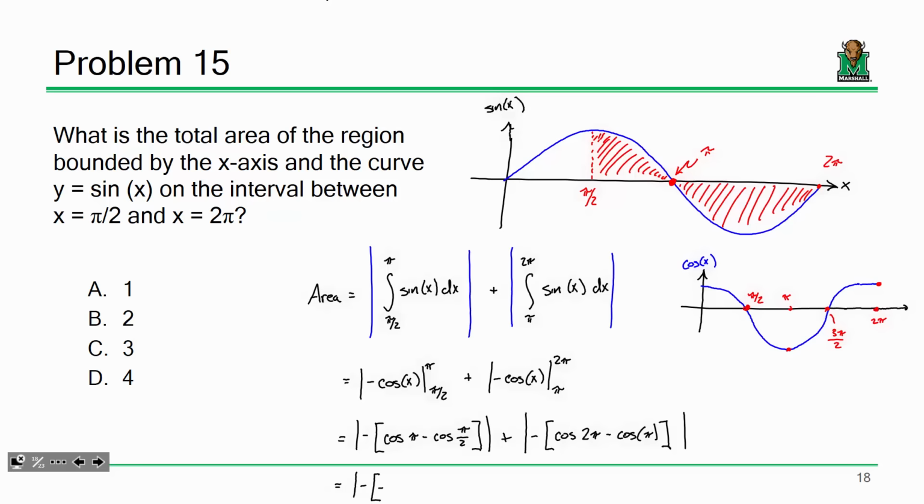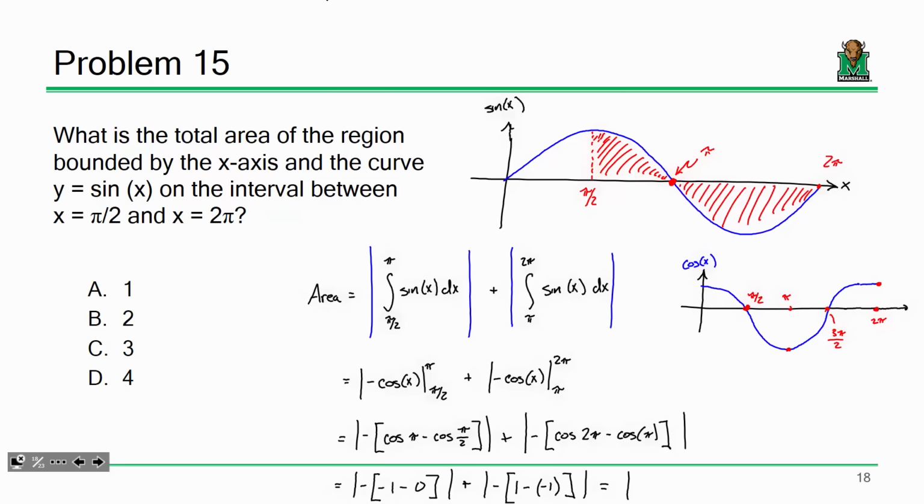The cosine of pi, that's minus 1. Minus the cosine of pi over 2, that's 0. How am I doing that quickly? I'm looking at the curve. Plus, excuse me, I have minus cosine of 2 pi, that's 1, minus cosine of pi, that's minus 1. So I know there's a lot of negatives floating around there, so simplify that up a little bit.